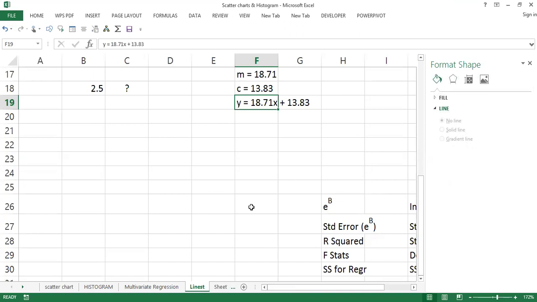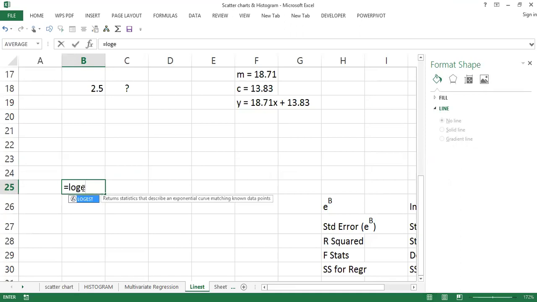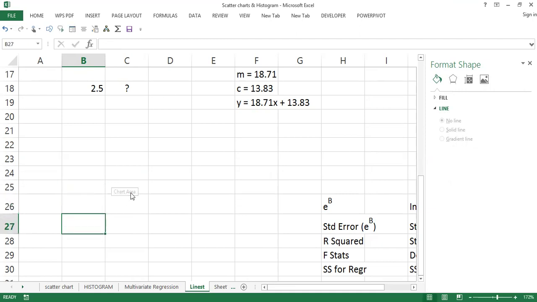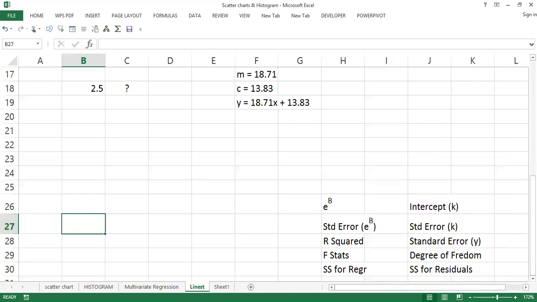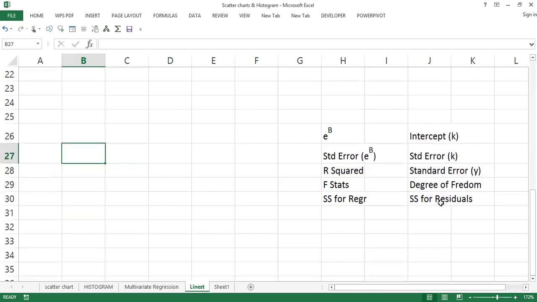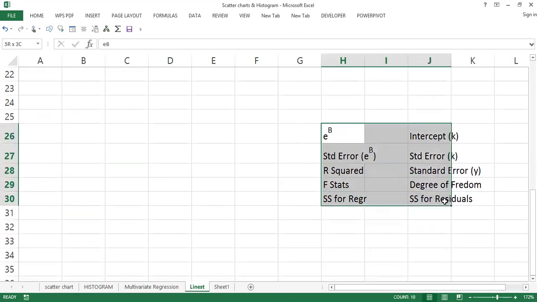Now let's talk about the Logest function. This is for exponential curves, right? It's the same thing, but when you are doing exponential regression, that's when you use this one. And this is what its output is.